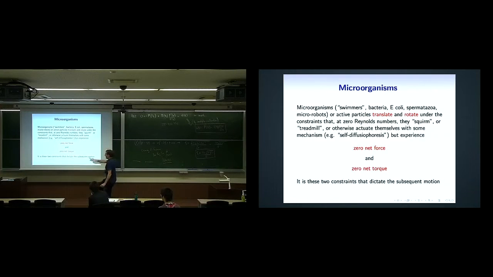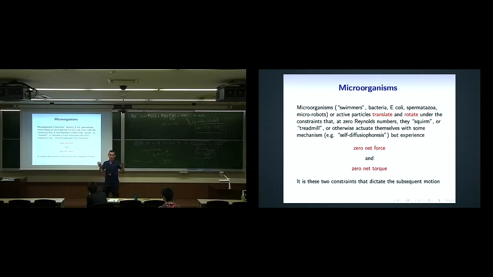So the condition that there's no net force might imply that the thing has to move in a particular direction, and the fact that there's no net torque might mean it has to rotate. Okay? But it's very different to us deciding, if I want to swim that way, I'll do some kind of breaststroke to make sure that there's momentum this way so that I go forward.